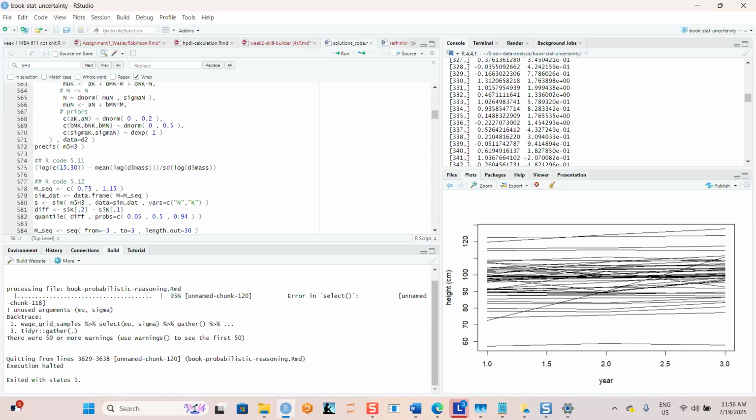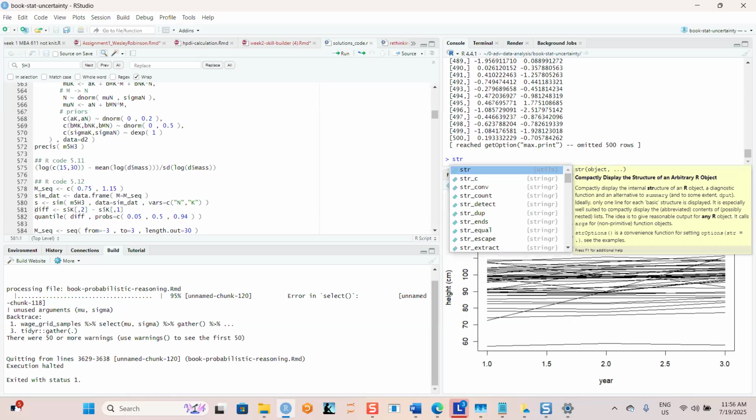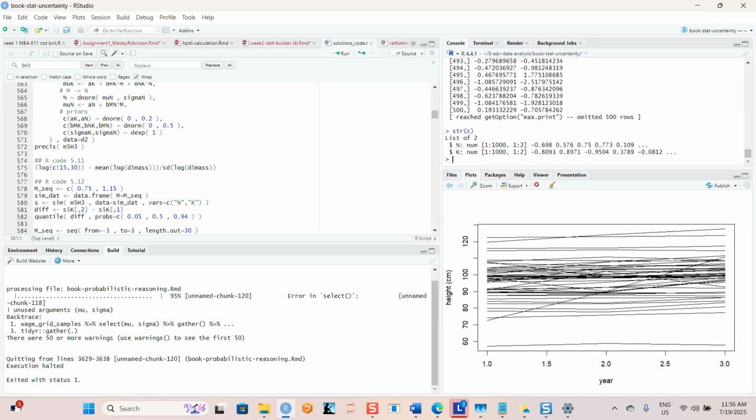So now that we got our legs around this, I just did a head. Gee whiz, 2 elements in that list. I want to just do structure on the bottom to see what the structure is. There we go. It's a list of 2 items, 1,000 each, 2 columns, 1 and 2, each for our 2 simulated numbers.